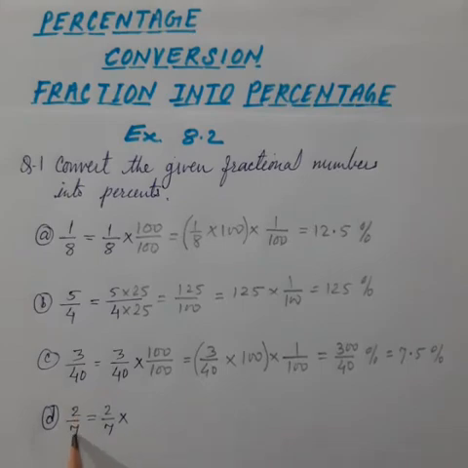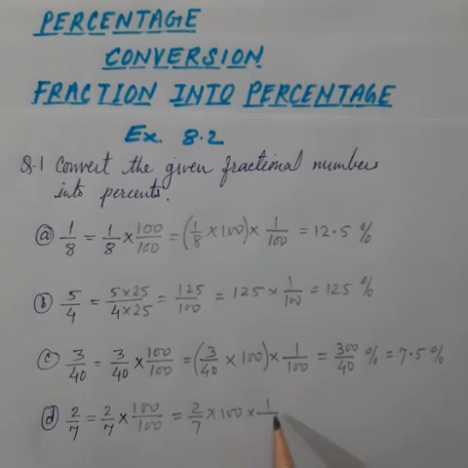D, 2 by 7. The denominator 7 is not a factor of 100. So multiply both numerator and denominator by 100. Multiply this fraction by numerator 100 and write the denominator 100 separately.